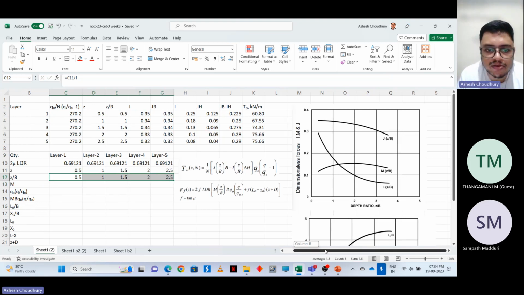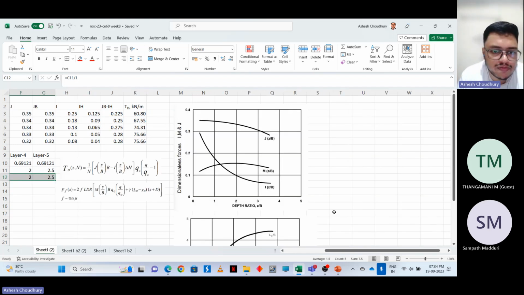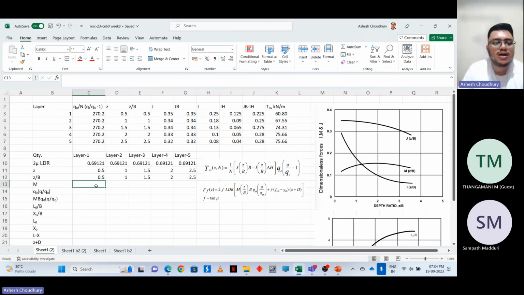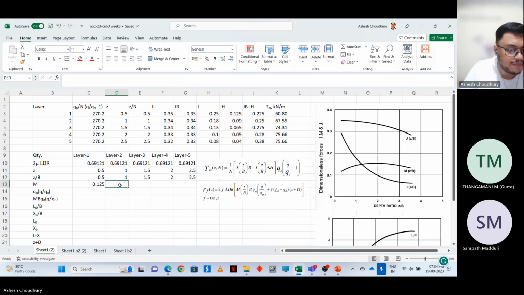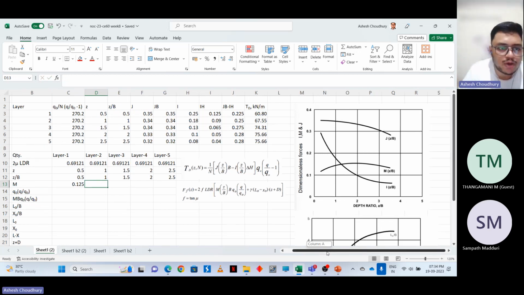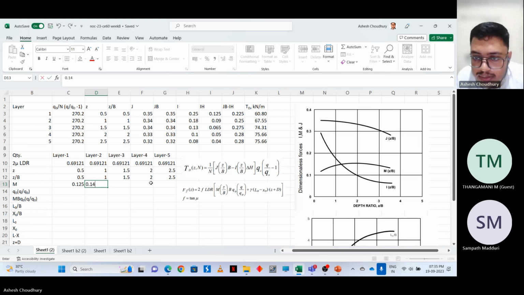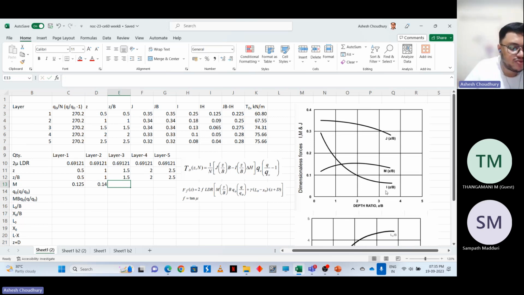For Z by B 0.5, we have M as approximately 0.125. So let us write this down. Then for Z by B 1, M is approximately 0.14. Then for 1.5, approximately 0.15.